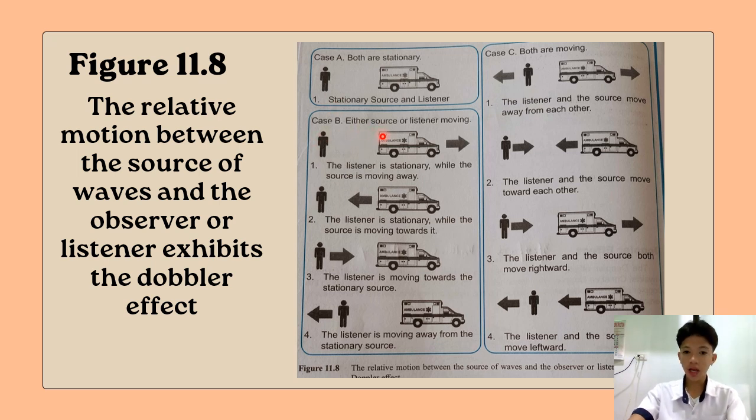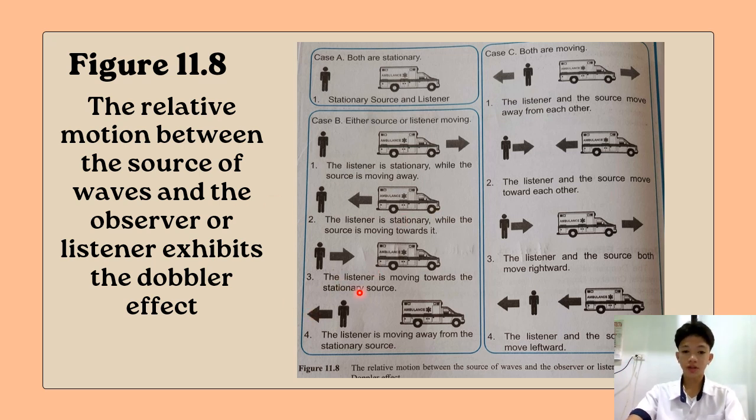At case B, either the source or the listener is moving. Number one, the listener is stationary while the source is moving away. Second, the listener is still stationary while the source is moving towards the listener.